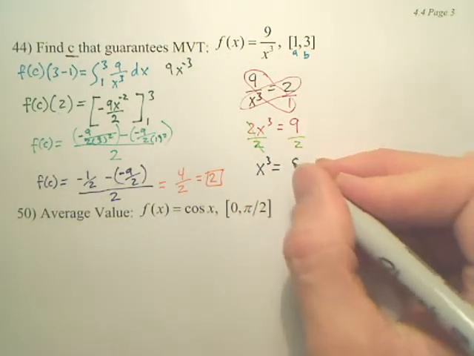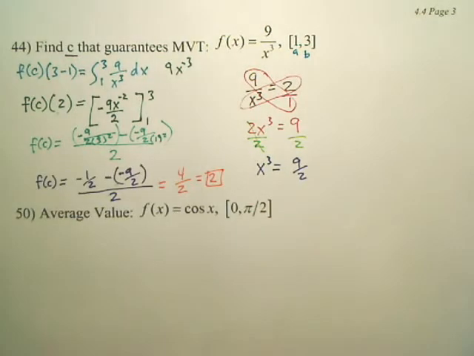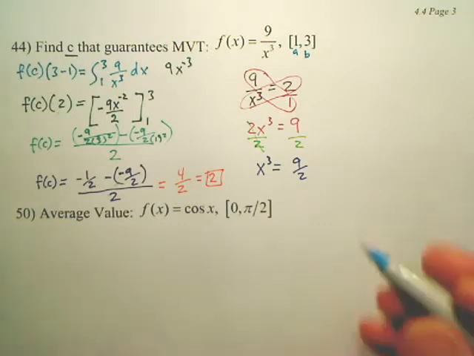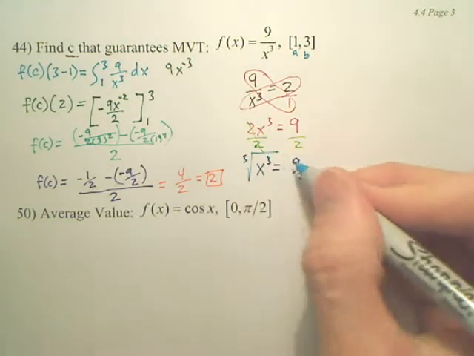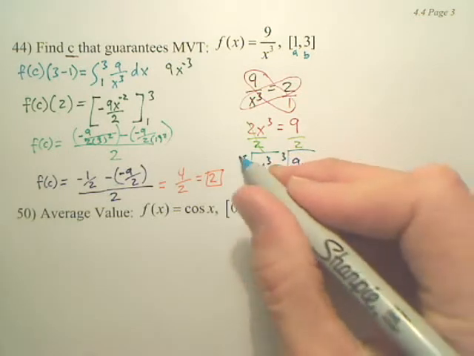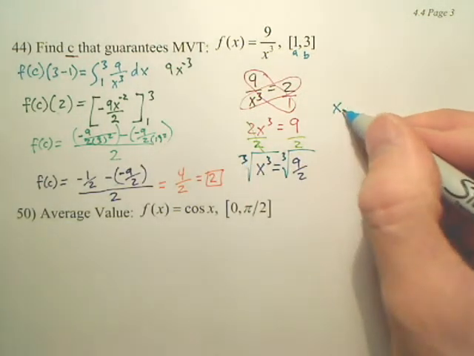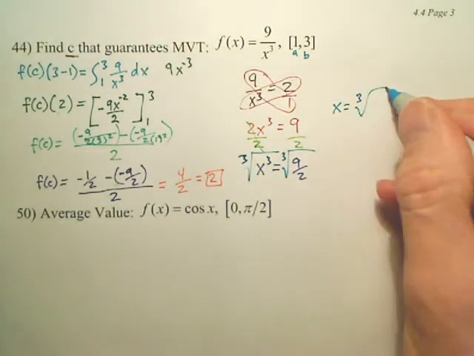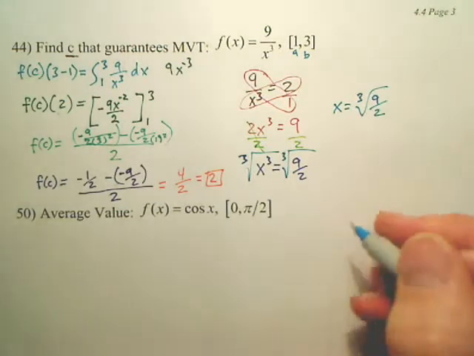X to the third equals 9 over 2. How do you get rid of the third? You cube root, or you could think of it as 1/3 power. But you're going to cube root both sides. And so x equals just the cube root of 9 over 2.